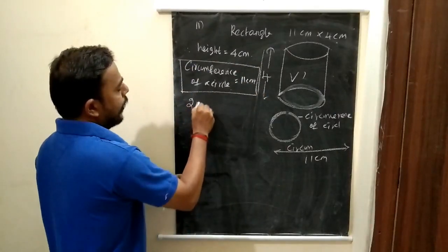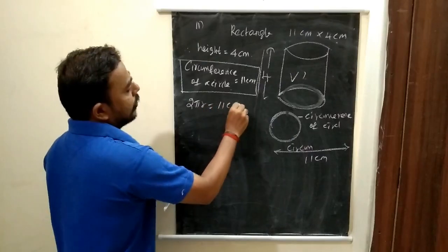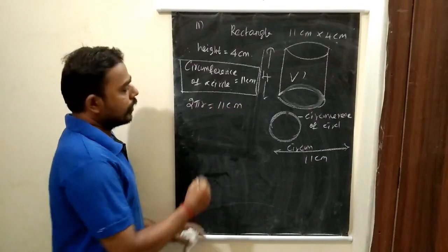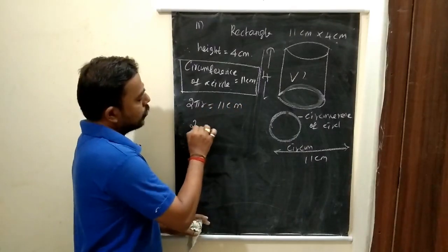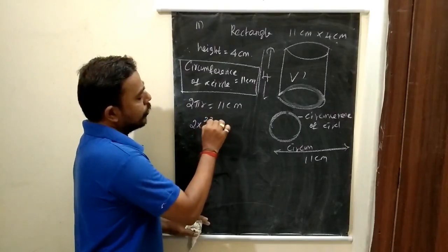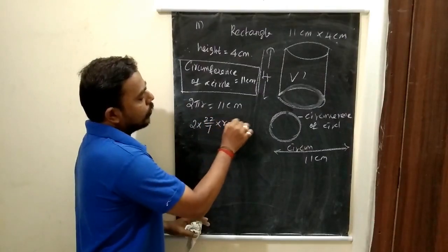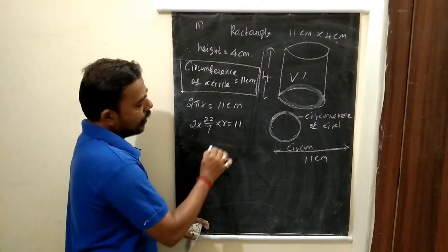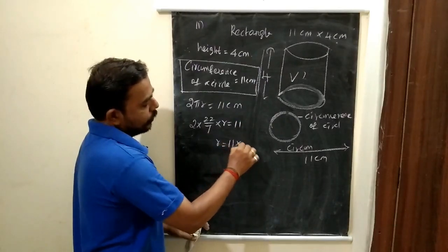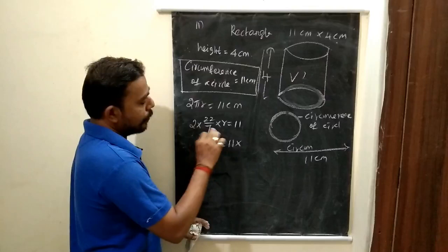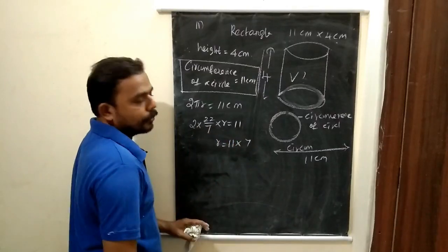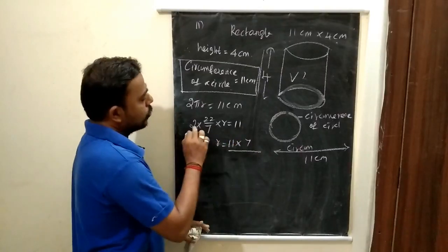So this is the idea, given circumference. Therefore 2 pi r equal to 11 centimeter. Now substitute: 2 into pi value 22 divided by 7 into r equal to 11. So r equal to 11 into 7 divided by 2 into 22.